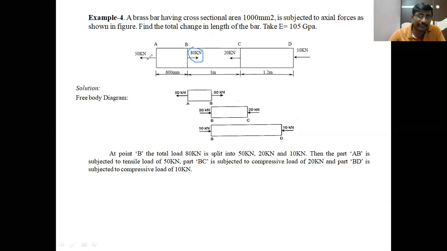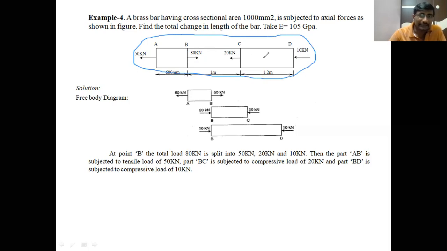What are the left hand side forces? That is 50 kilonewtons, 20 kilonewtons and 10 kilonewtons. Totally, 50 plus 20 plus 10, total 80 kilonewtons. So the total force acting in the right direction is equal to the total force in the left direction. So this problem is under equilibrium. If it does not occur like that, the problem is not in equilibrium.